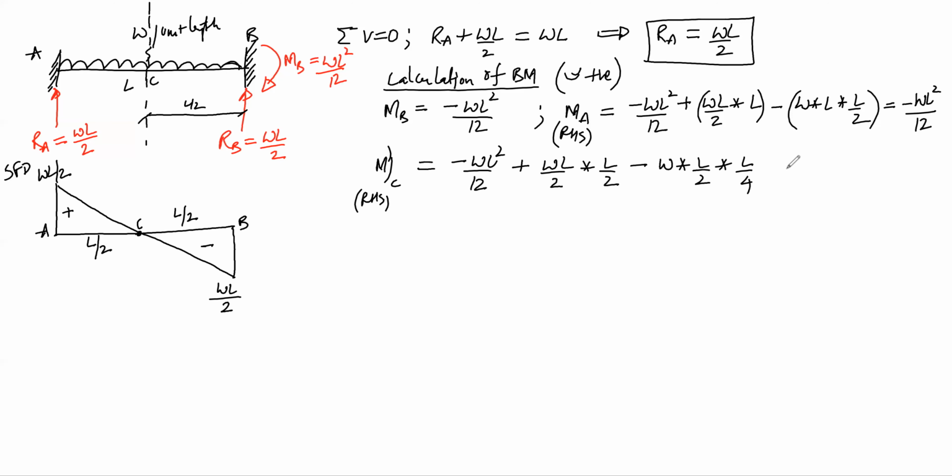So this is calculated as WL square divided by 24, right?